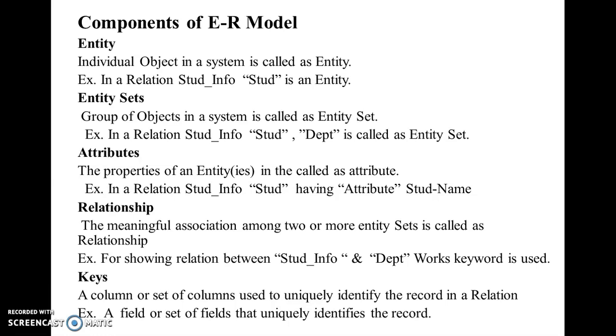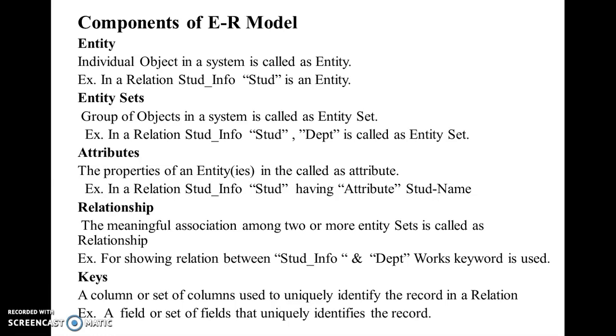So what is an entity? It is a single individual object. If there are multiple objects or a group of objects available, then we refer to it as an entity set. The particular property or characteristic of that entity is termed an attribute.